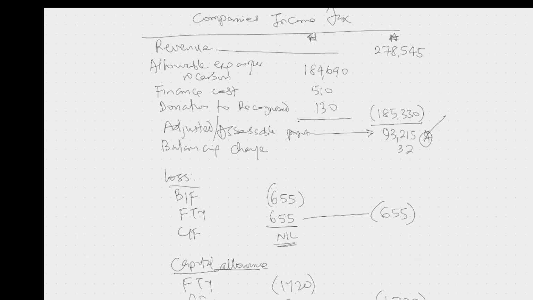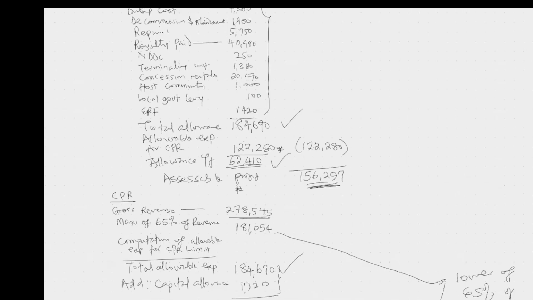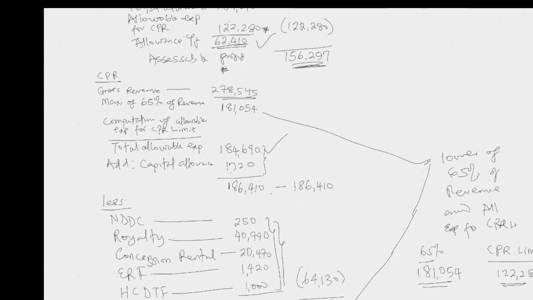You will bring this balance, 62,410, and add it to the total allowable expenses, before you now compute again for that year.